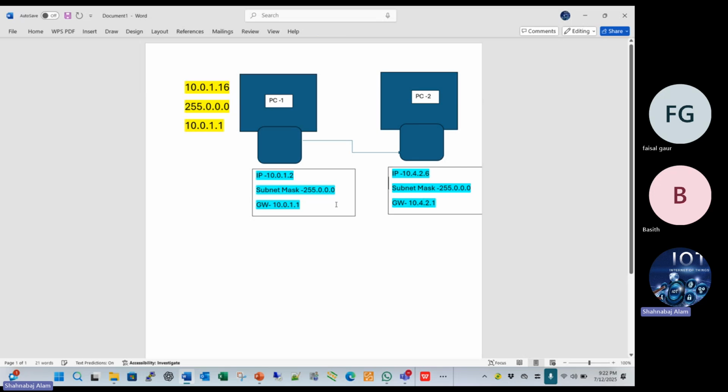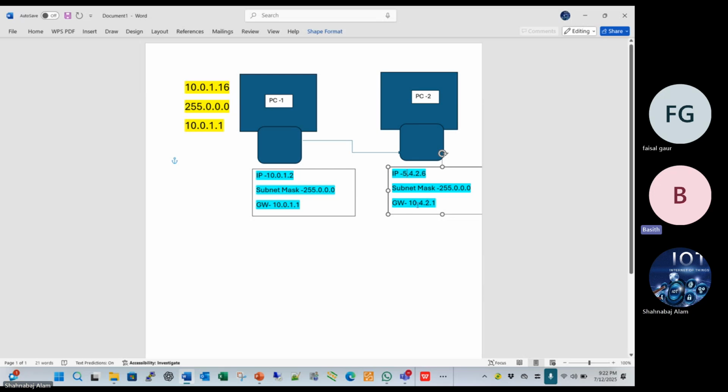Bro, both are different. Only the class is the same, but the IP is different. This is a different subnet and this is a different network. Both are different networks, right?